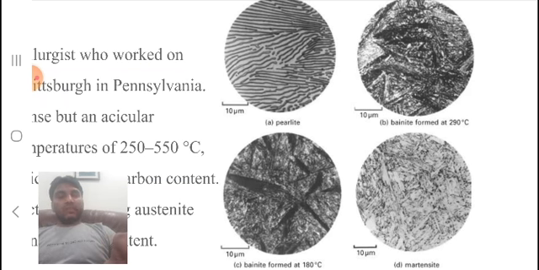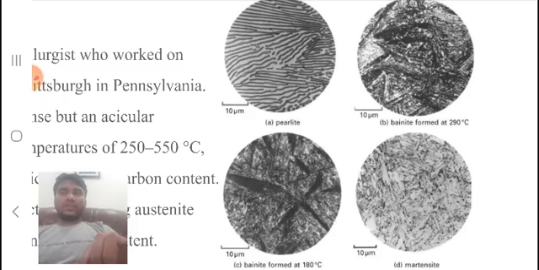We can easily achieve a martensitic structure, we can easily achieve a fine bainitic structure or a coarser bainitic structure, but the only problem is with retained austenite.